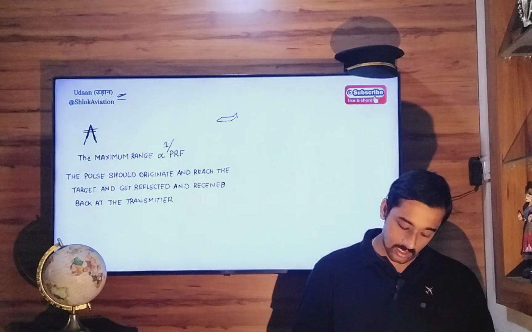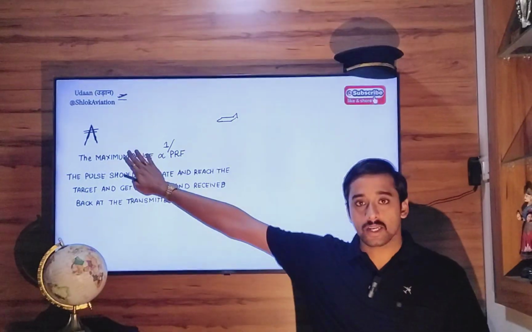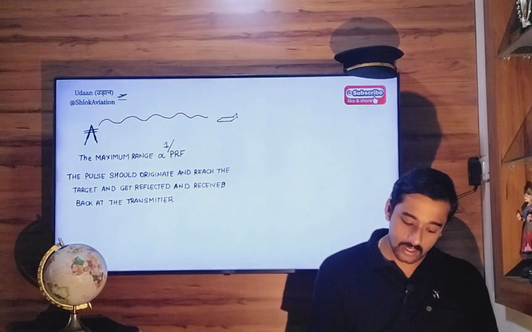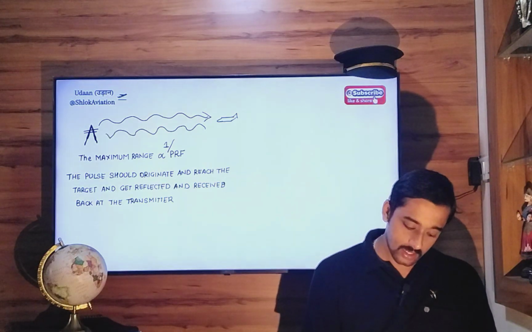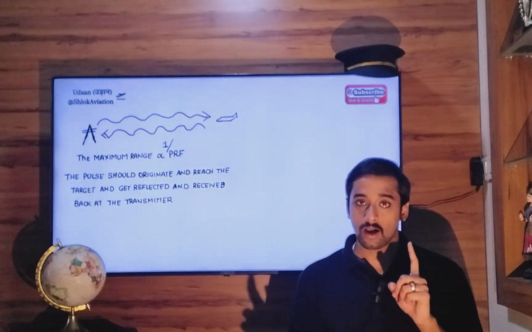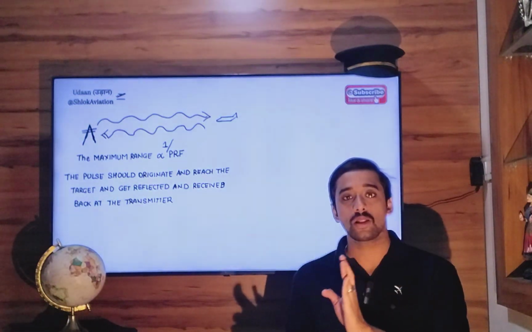Okay, so let's say there is number 1 pulse. This pulse will originate from the transmitter. Then it has to go to the target, strike the target, and then come back at the transmitter from where it originated. After this complete journey of the first pulse, the second pulse will be sent.